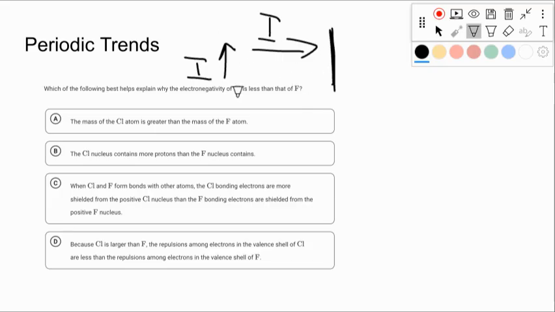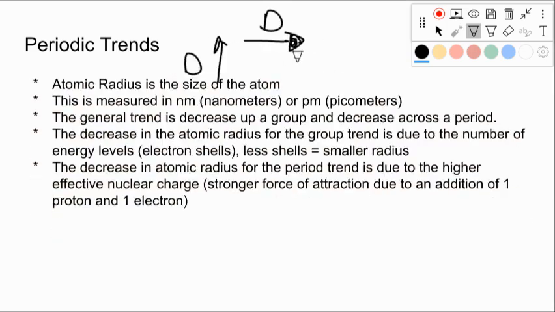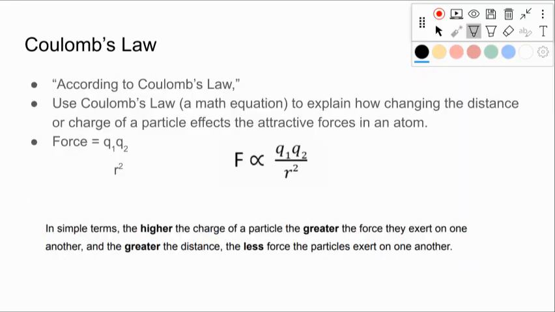So anytime you have these questions that are talking about electronegativity, you are looking for two answers. Number one is if it is talking about Coulomb's law, if it is asking you to describe it somehow within this relationship here. And again, it is all based on either the charges or the radius, of which thing is more likely to increase that force of attraction.